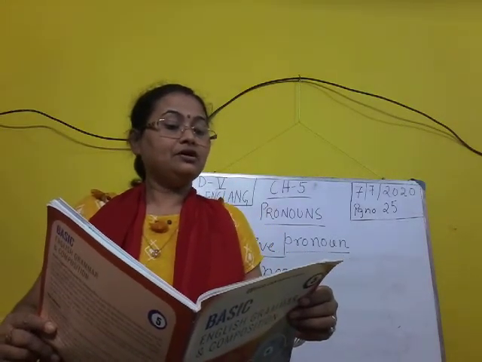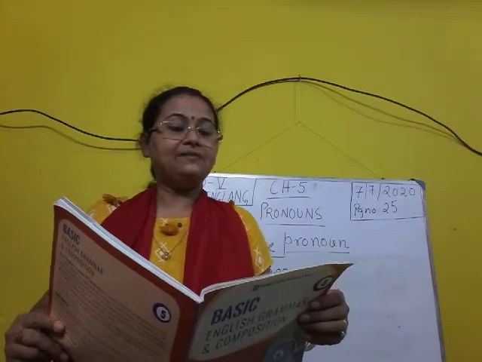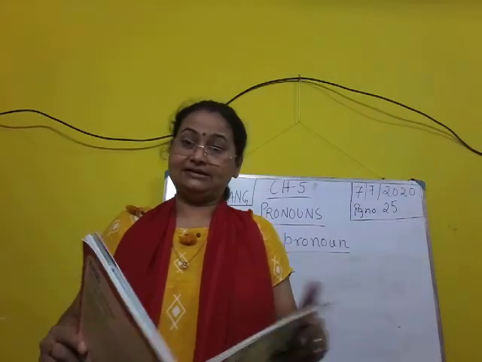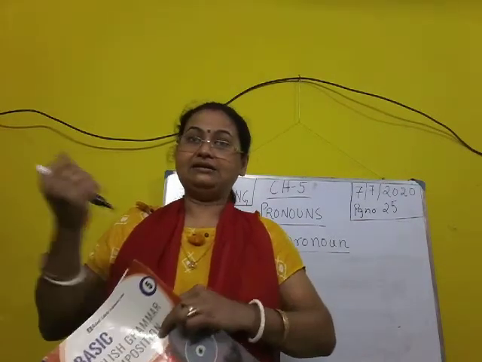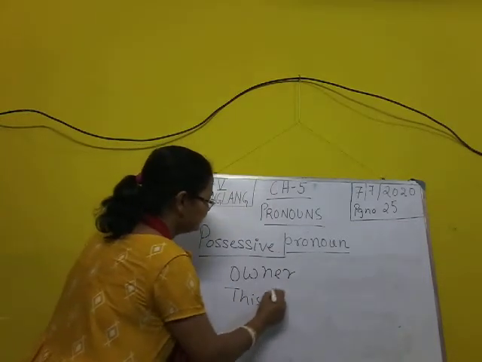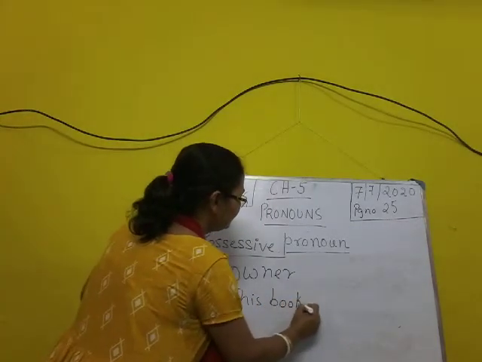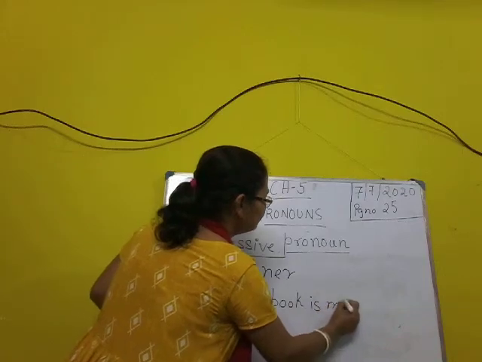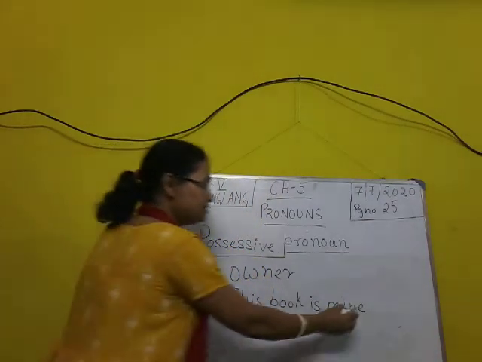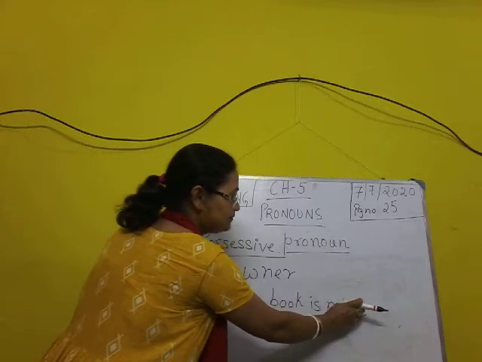Now, possessive pronouns generally come at the end of a sentence. No noun is used after this. See, if I write, this book is mine. So mine is the possessive pronoun.